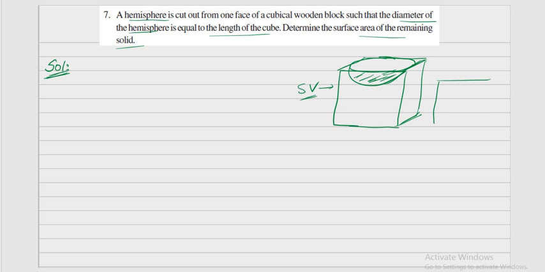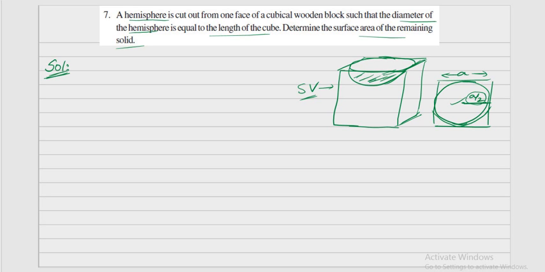When I see it from the top, I can see a square shape, and in that I am going to remove one circle part. So from a square face I am removing a circular face. Now if this length is some A units, then what is the radius of this particular part? It is nothing but A by 2. So clearly the radius of this hemisphere is A by 2.